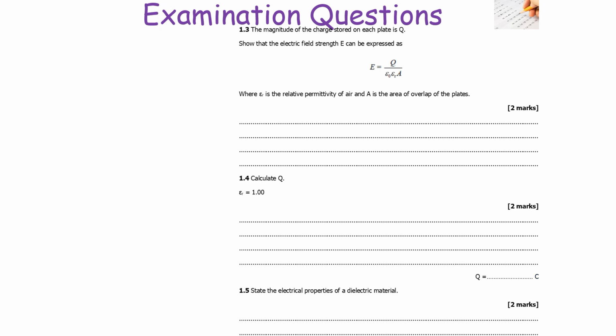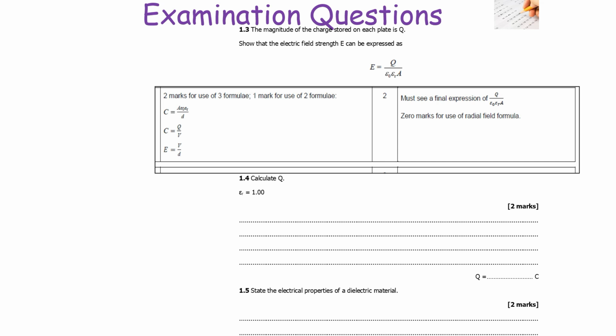Right, how do you answer this particular question? Well, you've got to link a few equations together. The first equation: it's a parallel plate capacitor, so we can say C is equal to A times epsilon 0 epsilon R over D. That's an equation given to you in your equation book. But we also know that C is equal to Q over V, which is just the equation for capacitance.